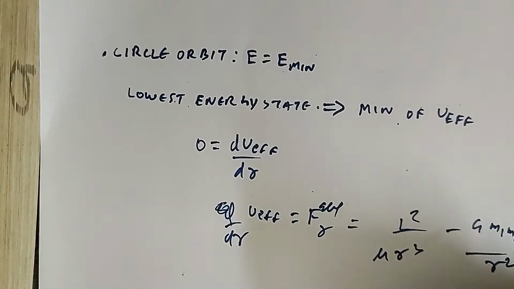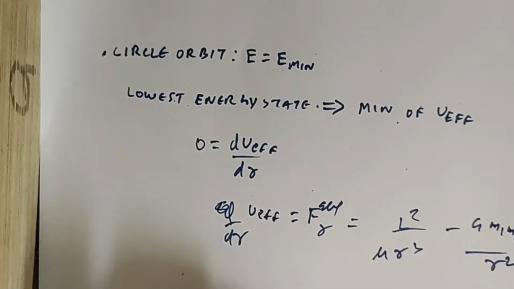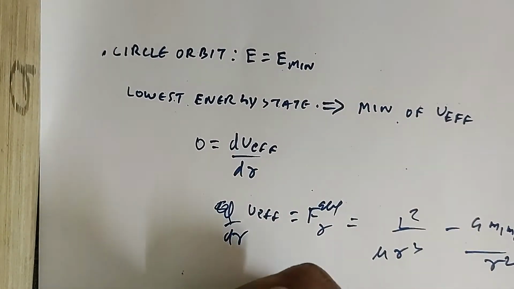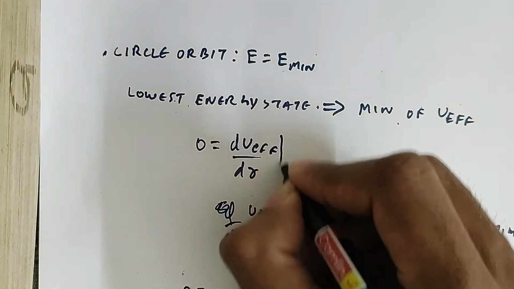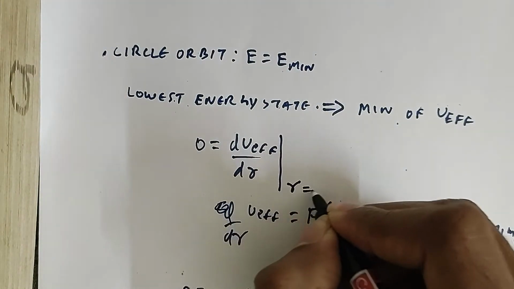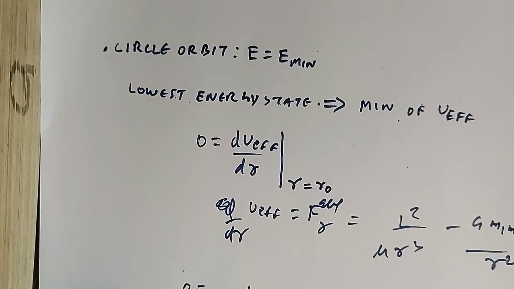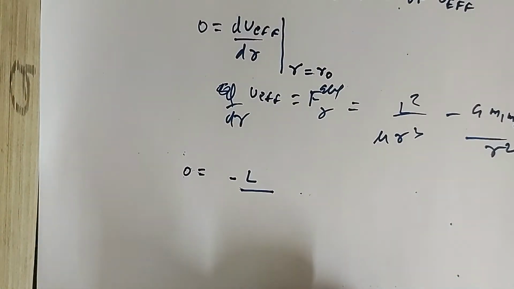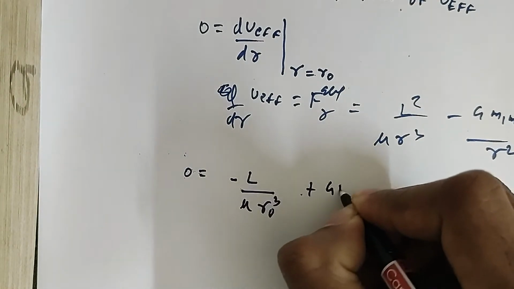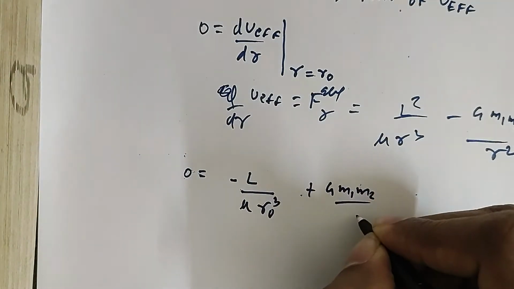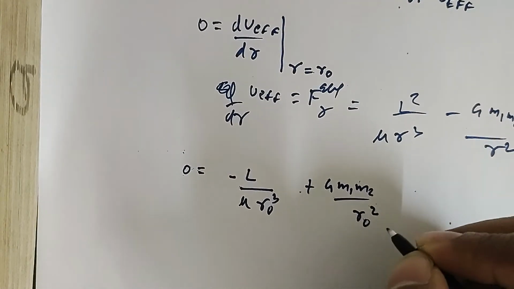So when this equation is 0 at a particular point, which is r equal to r naught, that is 0 equal to minus L square upon mu r naught cube plus G m1 m2 upon r naught square.